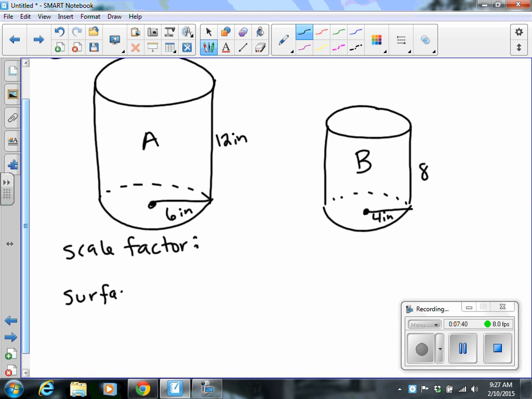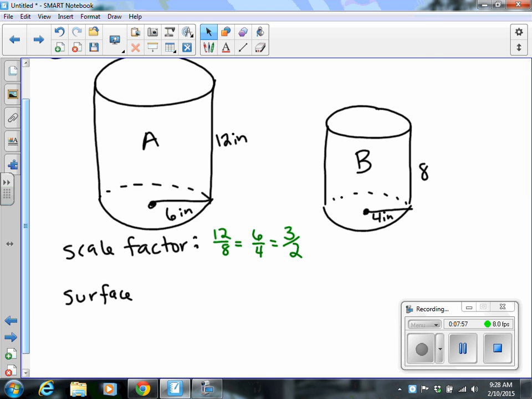Now that we found our scale factor, I can see here that I've got 12 over 8 equals 6 over 4, which I already know, based on the ones that we've done before, was 3 over 2. Now I want you to calculate your surface area ratio.